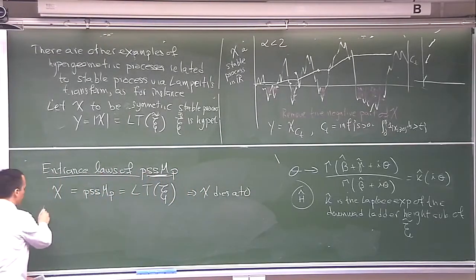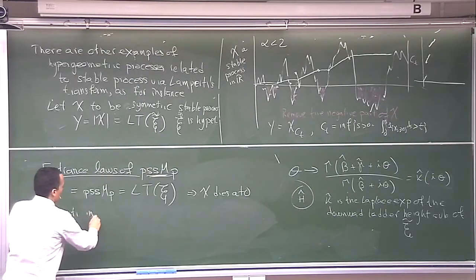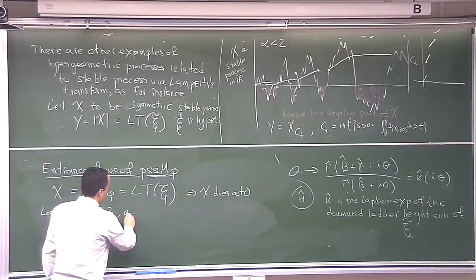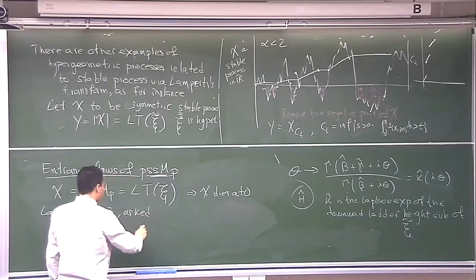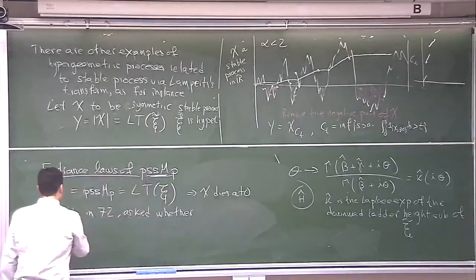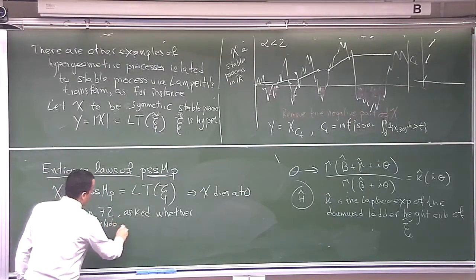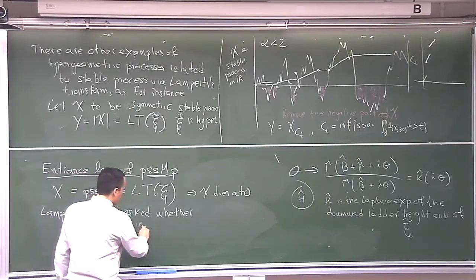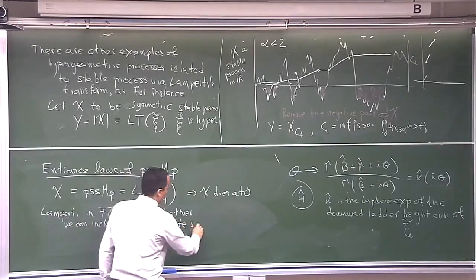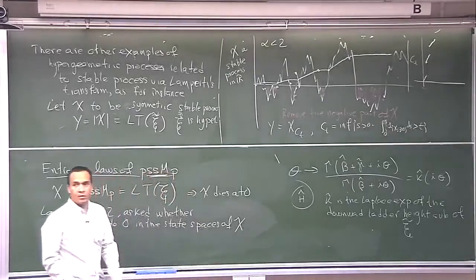So Lamperti, in his paper of 1972, asked the question whether we can include 0 in the state space of X.